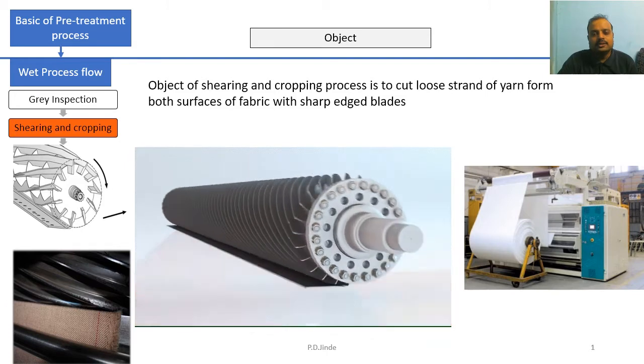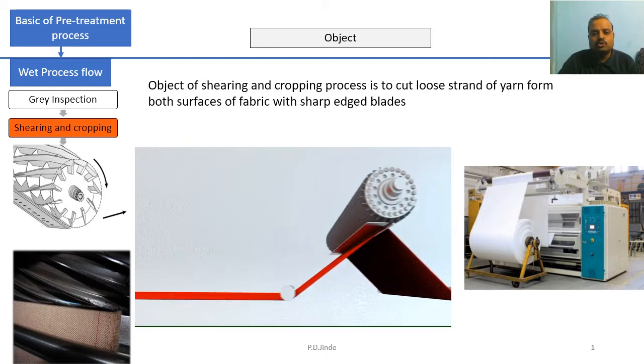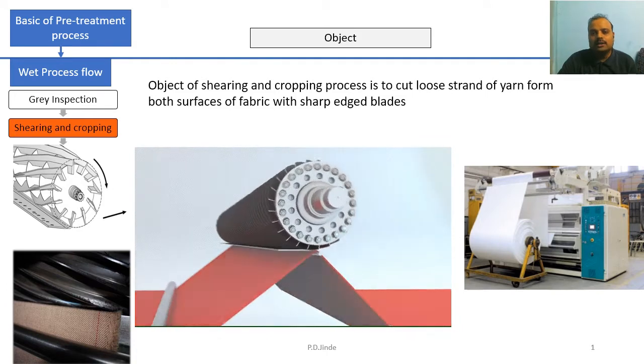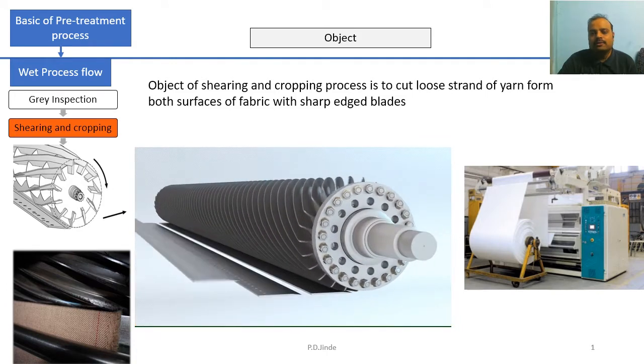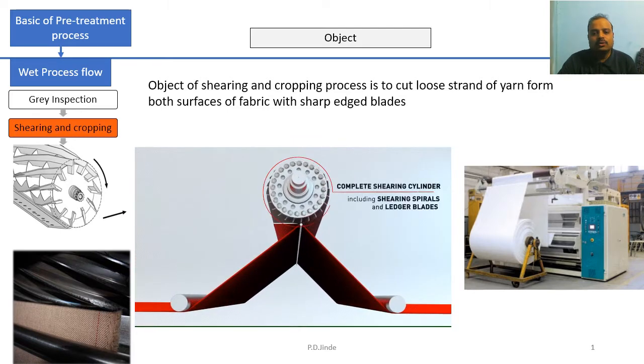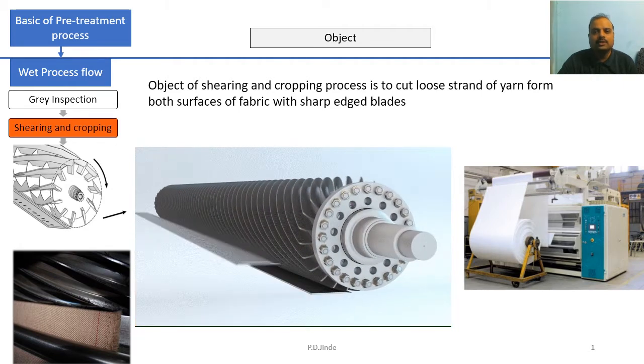This distance between the roller and fabric is so tiny that the blade just cuts the hanging threads and not the fabric. So the setting between the shearing roller and fabric is the most important setting in the shearing and cropping machine.